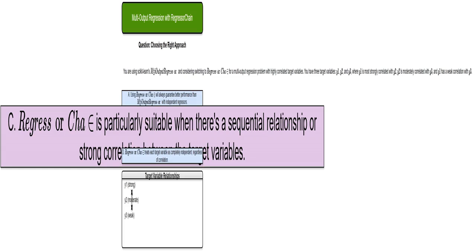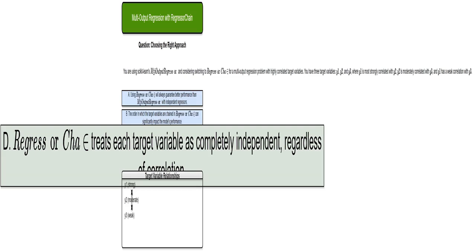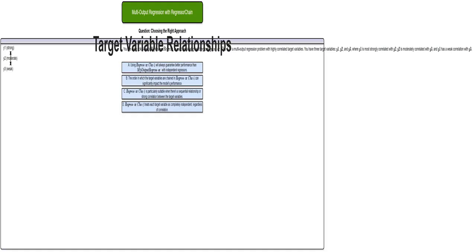Is this true? We'll examine if this aligns with how regressor chain functions. Statement D states that regressor chain ignores correlations. Does this statement correctly reflect the behavior of regressor chain?